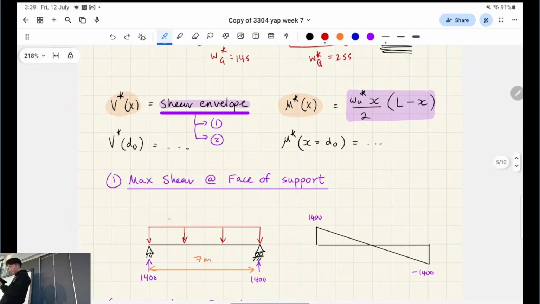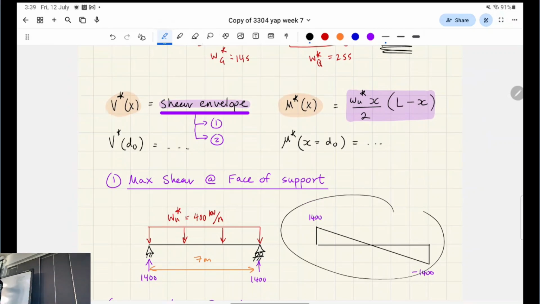W star U is 400, and when we calculate it, the shear force diagram will look like this. So the peak will be here and here are the supports. You can calculate that simply, using this support value, W star U L on 2, is equal to that.